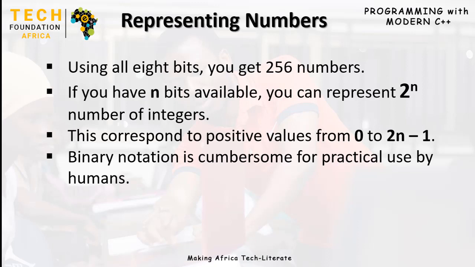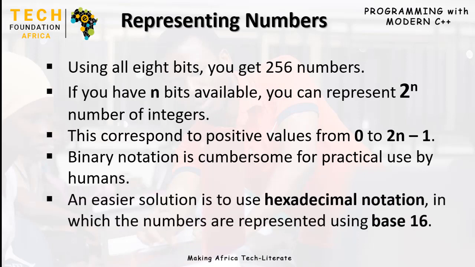The binary notation, however, from a human perspective, is a little cumbersome for practical use, particularly when you are working with bigger decimal numbers. Clearly, we need a more economical way of writing this. You may think that the decimal system would be appropriate, but it is not.